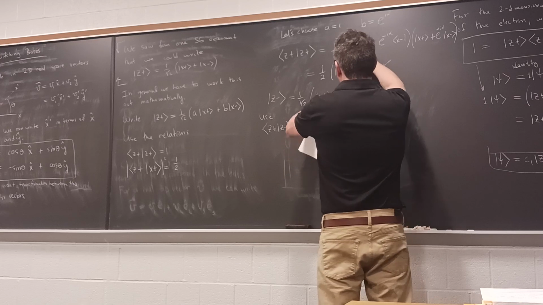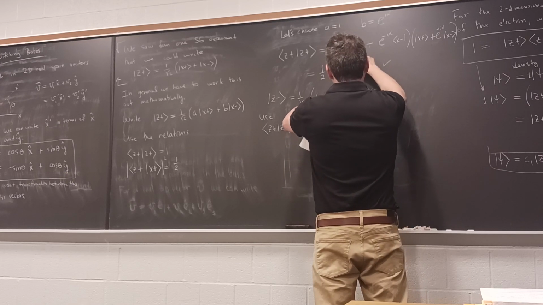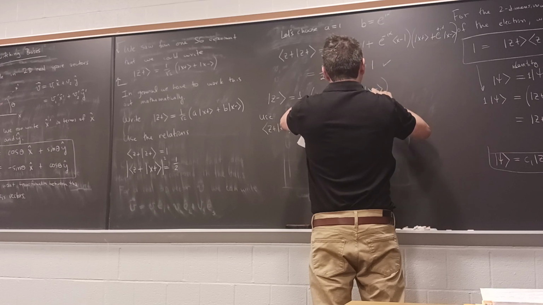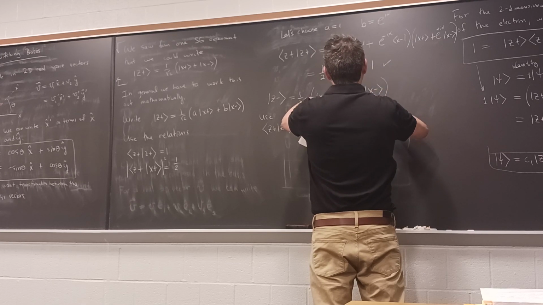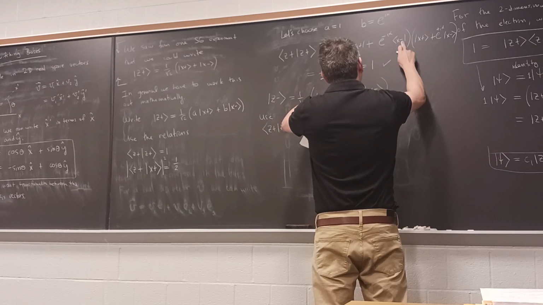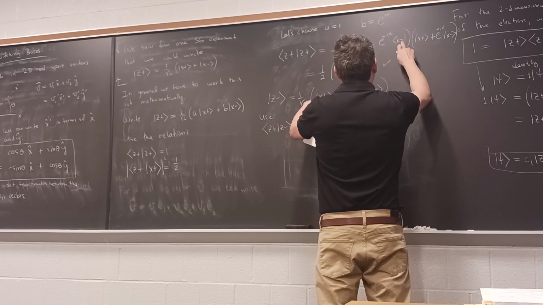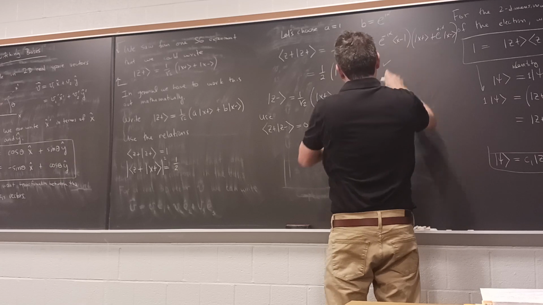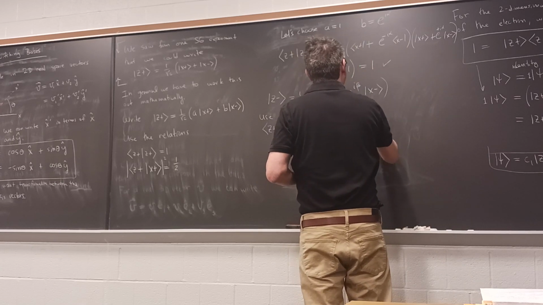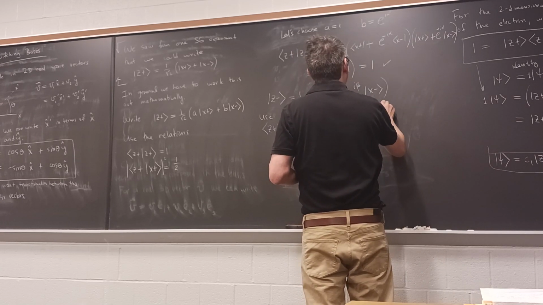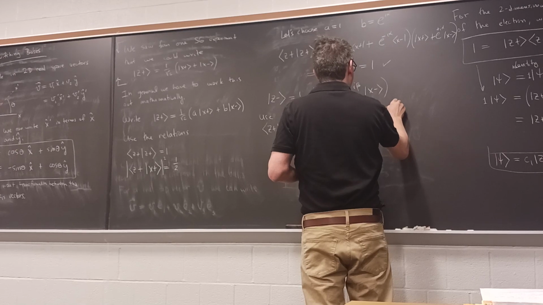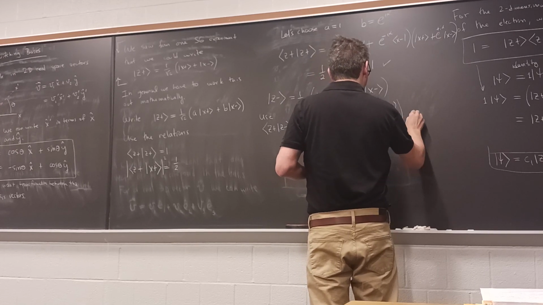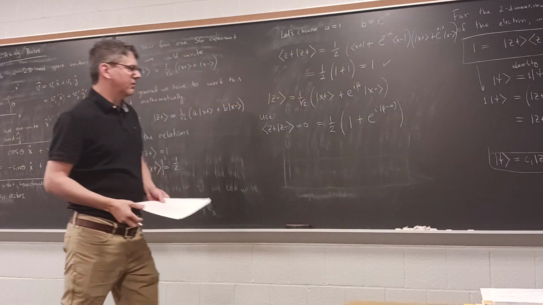And then we'll have x plus that hits this x plus and gives us 1. Then this x plus will hit this x minus and give 0. This x minus will hit this x plus and give 0. And then this x minus will hit this x minus and give us plus e to the i (beta minus alpha). Okay? And that has to be 0.